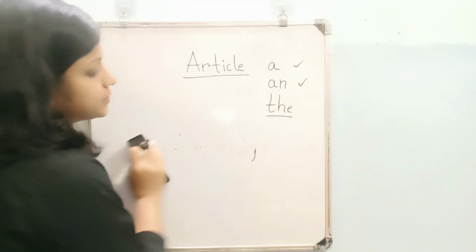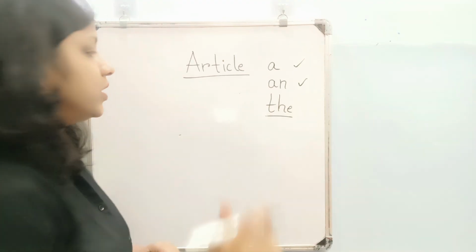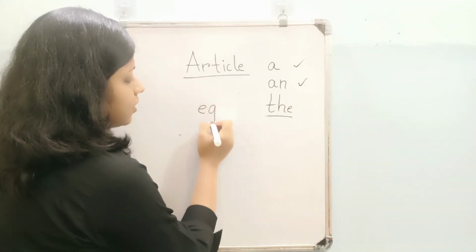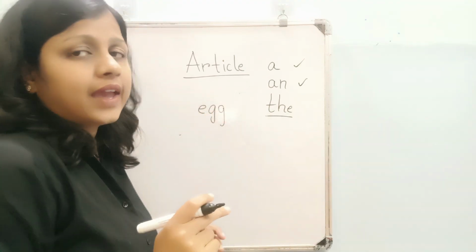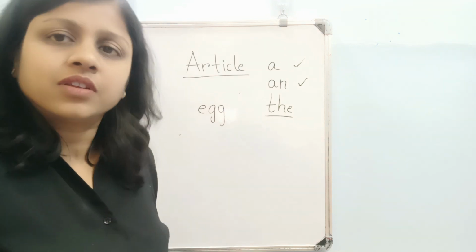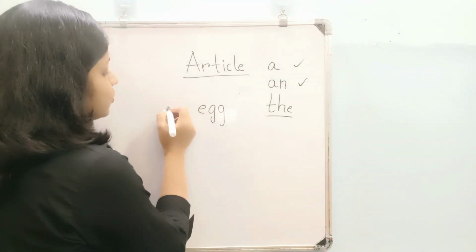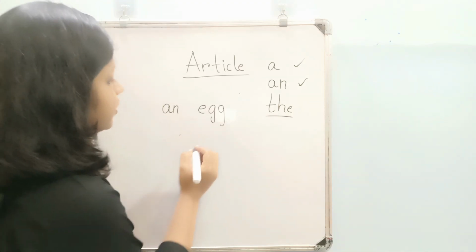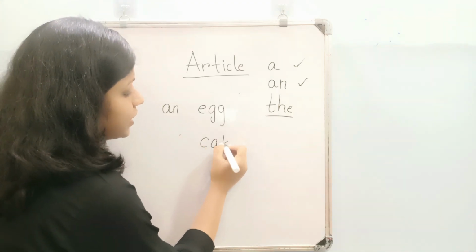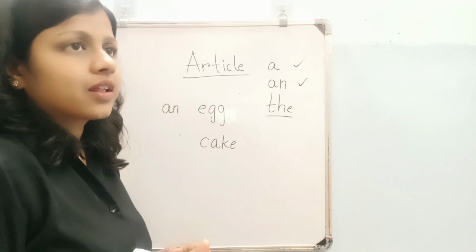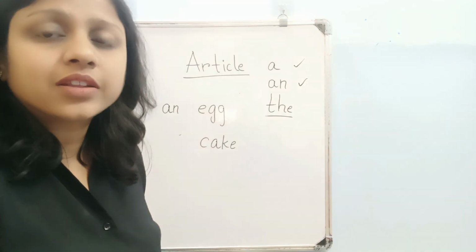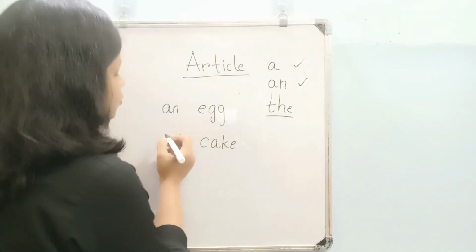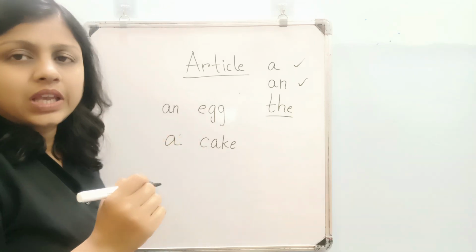Understood, children? Now tell me, egg. It's starting with a vowel sound. So we will use an egg. Understood, children? Like cake. It's starting with a consonant sound. So we will use a cake.